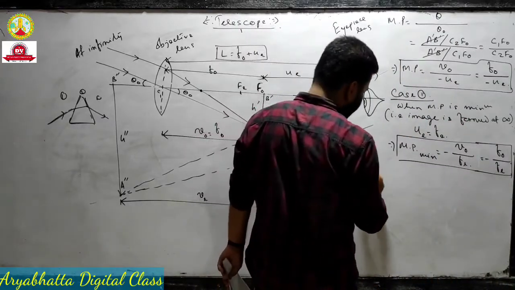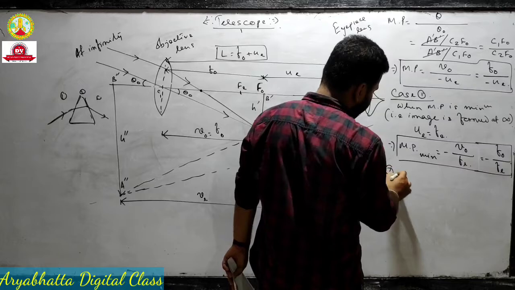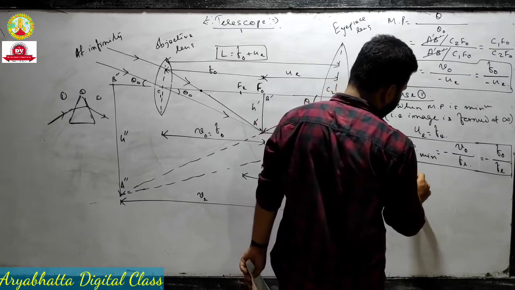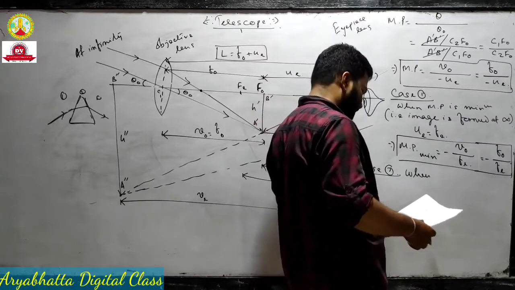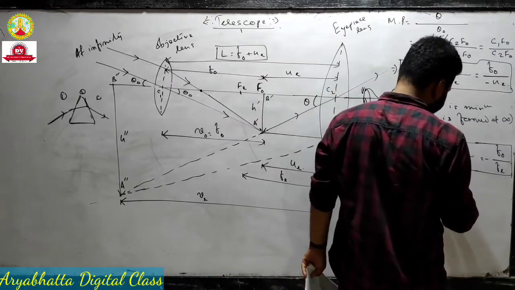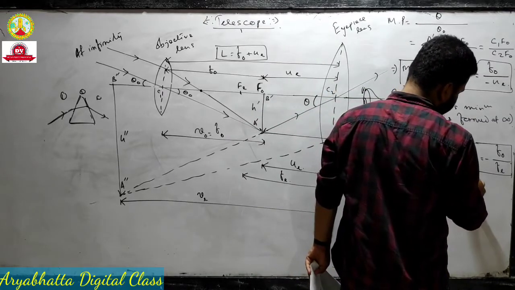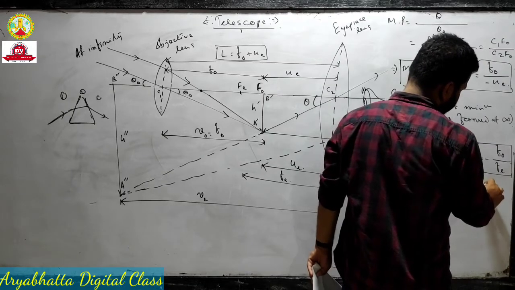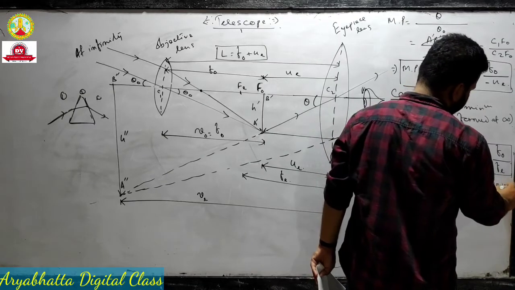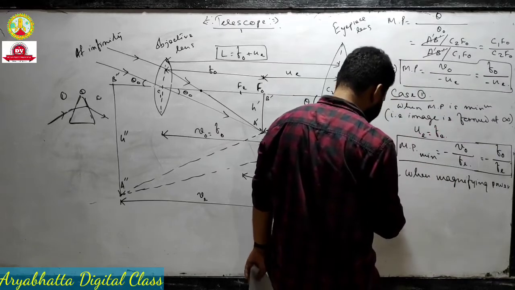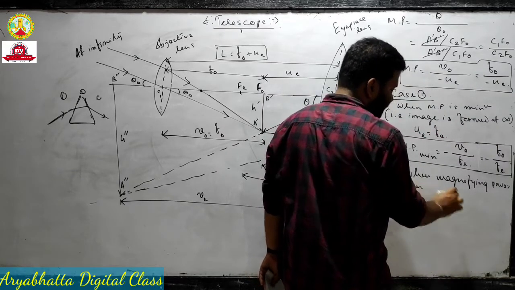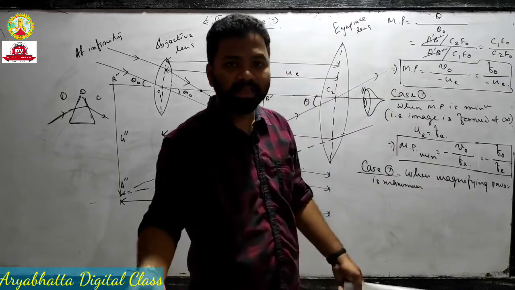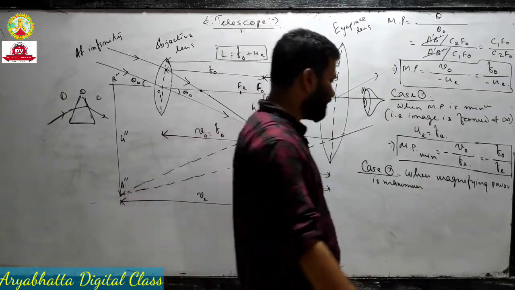Next one is case 2. Case 2 is when magnifying power is maximum. और magnifying power maximum कब होता है? When ciliary muscles at the maximum contraction पे होता है.